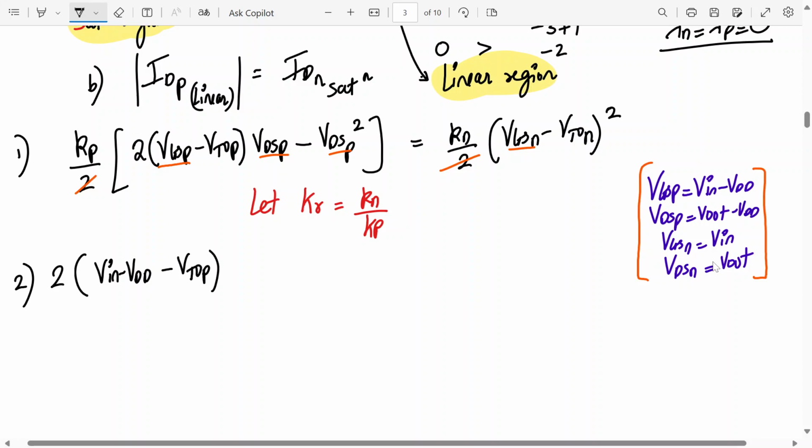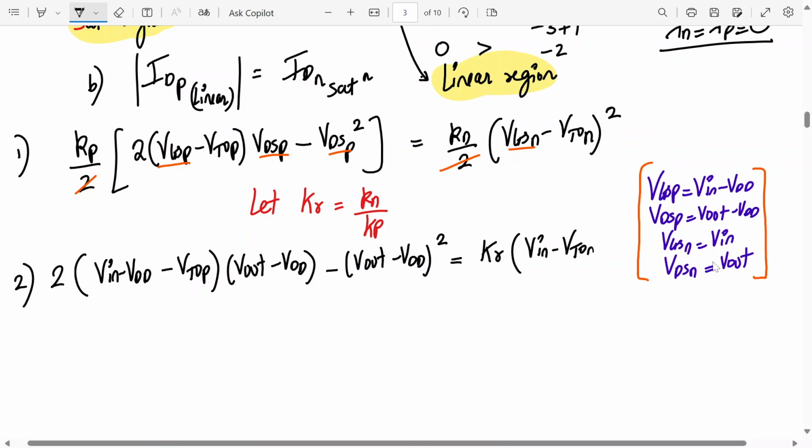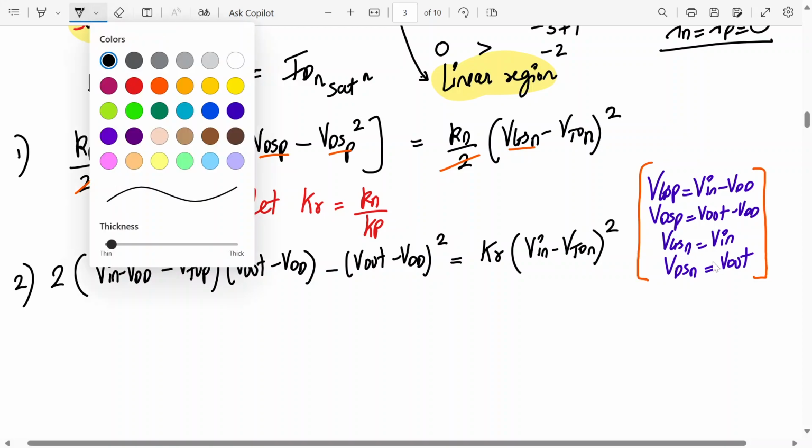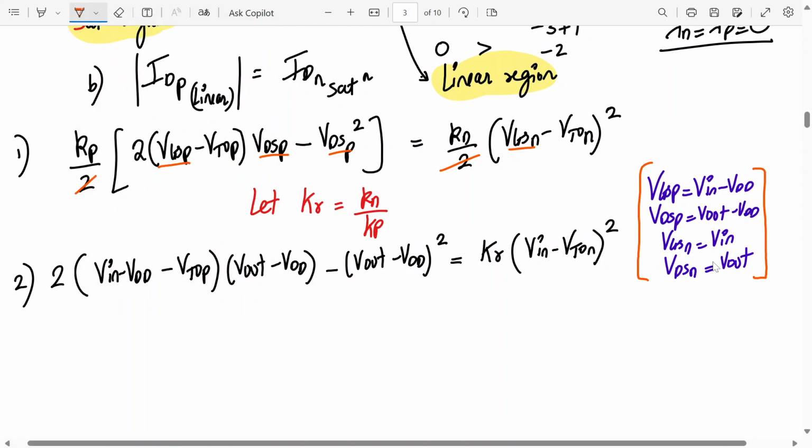Then instead of VDSP I'll write V out minus VDD, and here it will be V out minus VDD square is equal to KR times, KR will come over here, into (V in minus VTON) the whole square. I hope it is clear now. VDSP is over here and VDSP is over here. I hope it is clear.